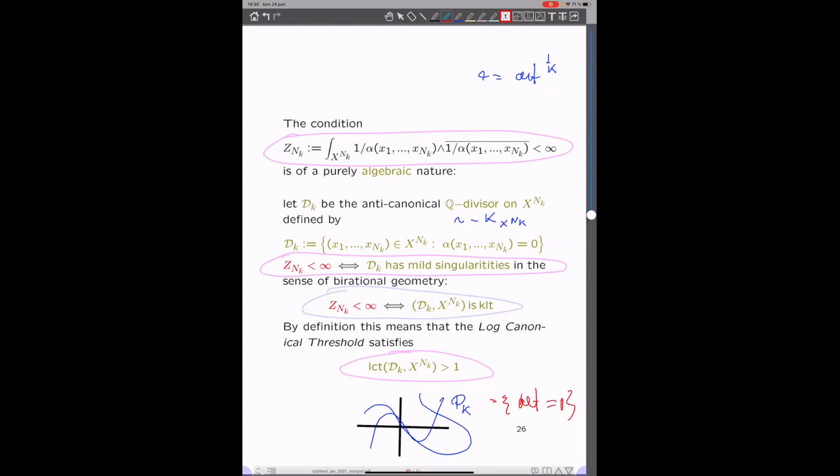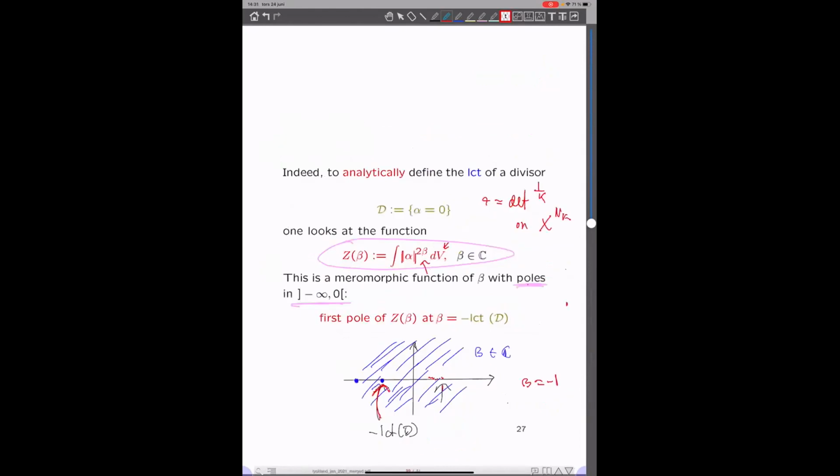But let me say why this point of view. Analytically, to define the log canonical threshold of a divisor cut out by some section alpha, you form this zeta-type function, zeta of beta, where you integrate alpha to some power beta, choosing some volume form and some norms, so you can integrate this. This is obviously convergent for beta positive, but for beta negative, it will not be convergent if beta is sufficiently negative.